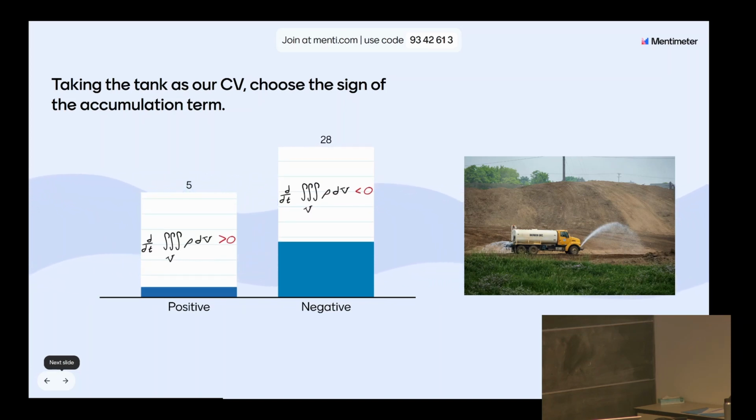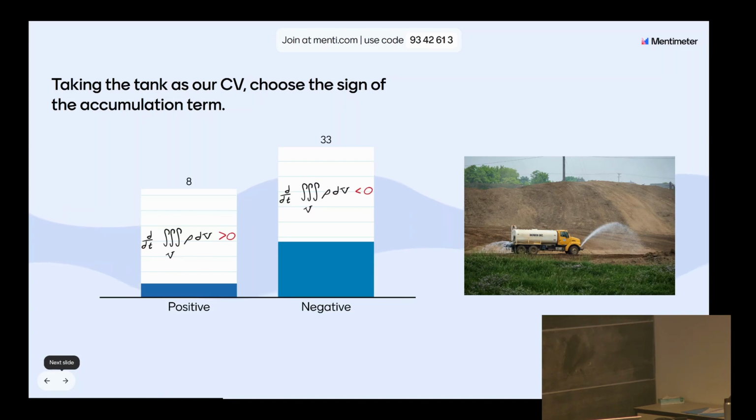Okay, we're a little bit split. Is there anyone who said it was negative that wants to explain why? Because it's losing volume, right? So you would expect the accumulation to be negative, because if it's accumulating and it's positive, it should be accumulating volume. If you're losing volume, it'd be negative. So it is negative.